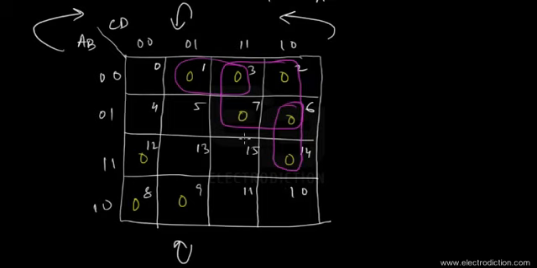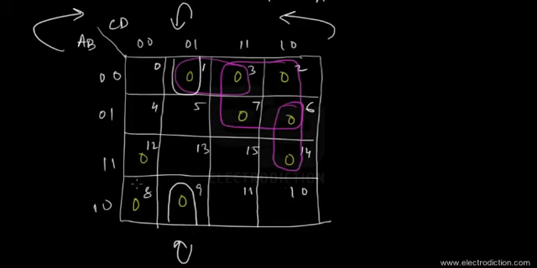That's why the cells 9 and 1 will always be adjacent to each other if we fold the K-map from top to bottom, that is vertically. In that case, we can group cell number 9 and 1 together in the form of a pair.